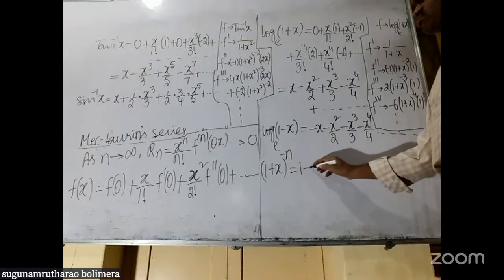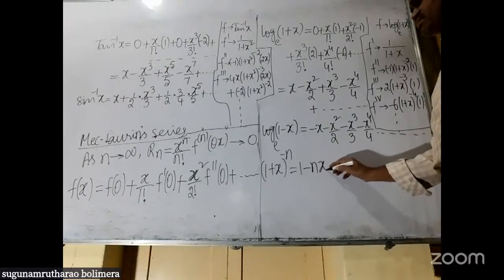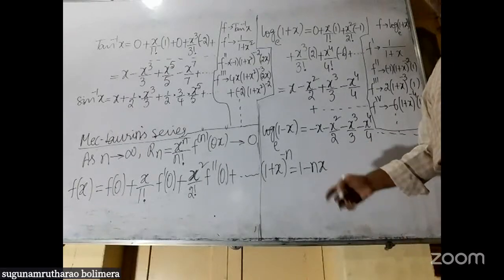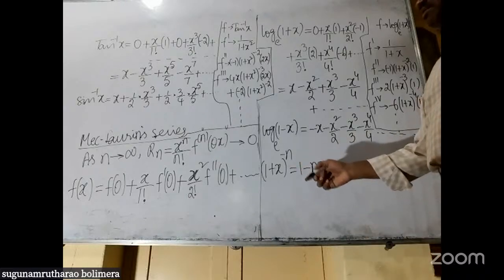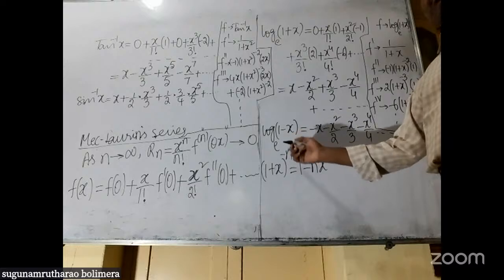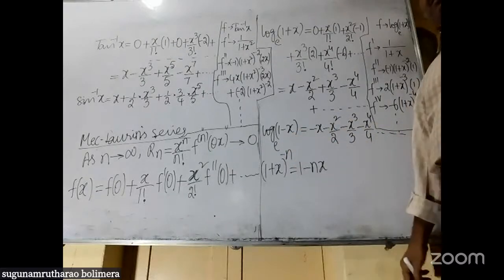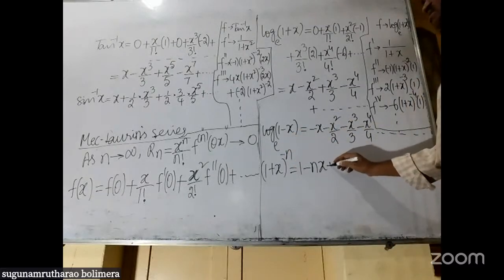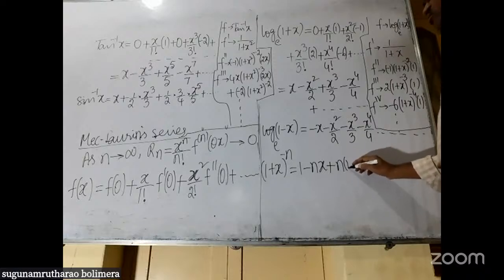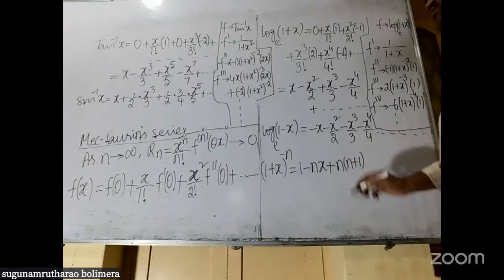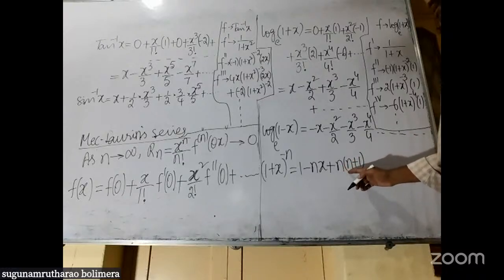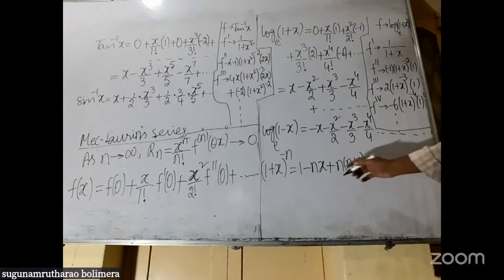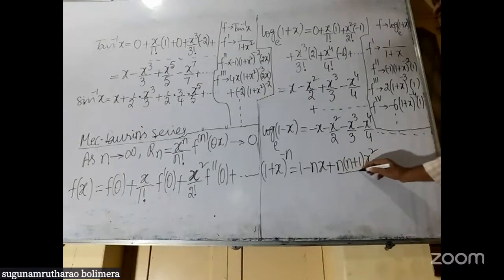So f dash of 0 is minus n, so minus nx by 1 factorial. And the second derivative will be minus n into minus n minus 1, that is plus n into n plus 1 into 1 only. So you will be getting x square by 2 factorial.